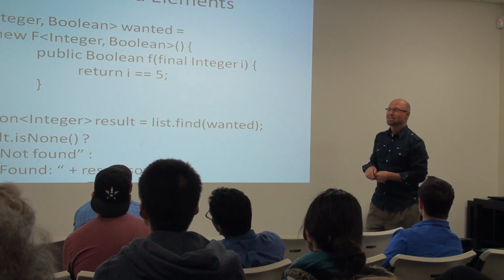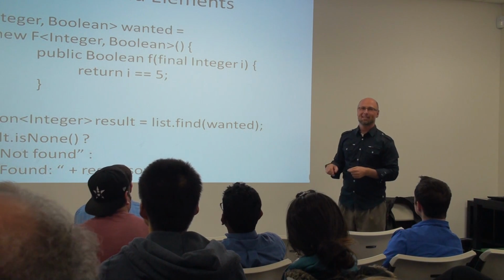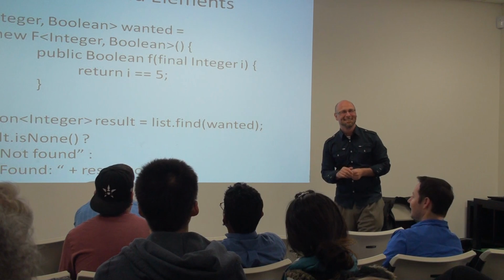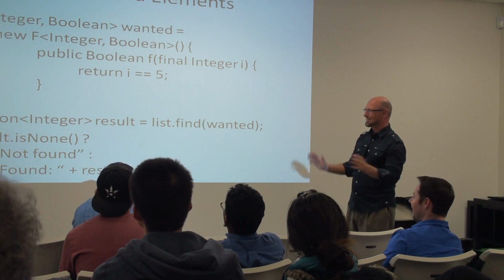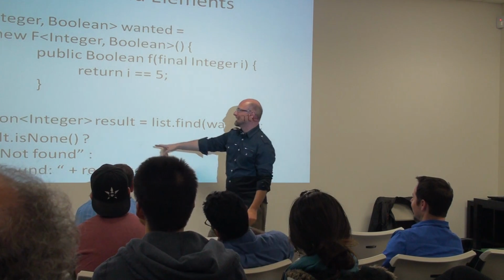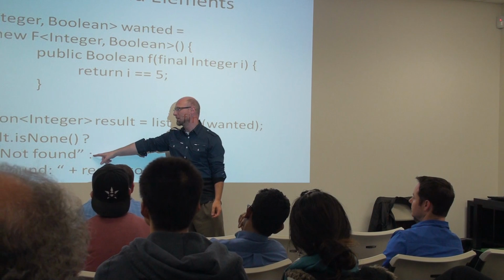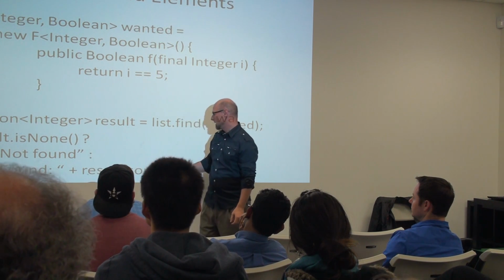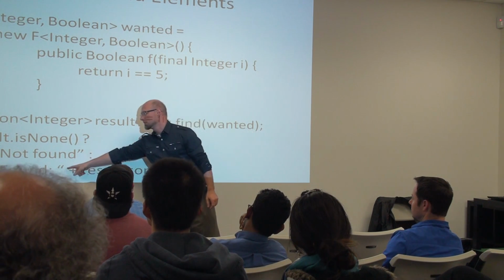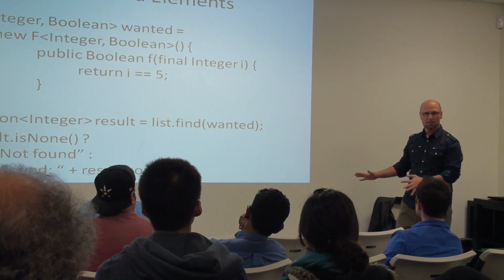They learned the lesson, by the way. When I wrote this code originally, I forgot about option. Anyway, the correct use is, you ask if it's none, meaning we didn't find it, and otherwise we have a some and we can print that out. All right, does everybody get this example?